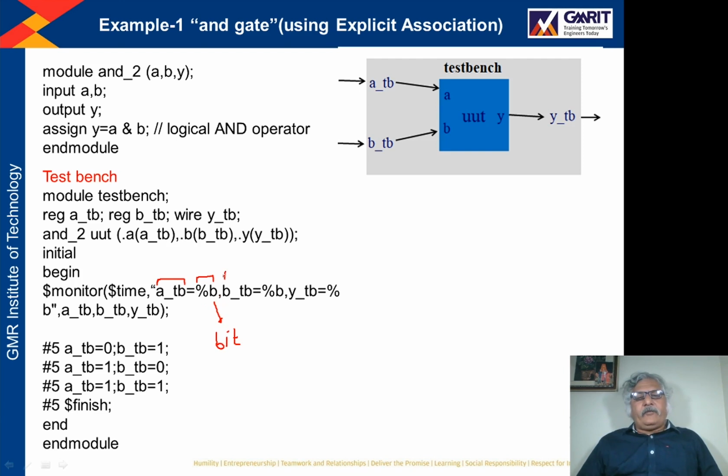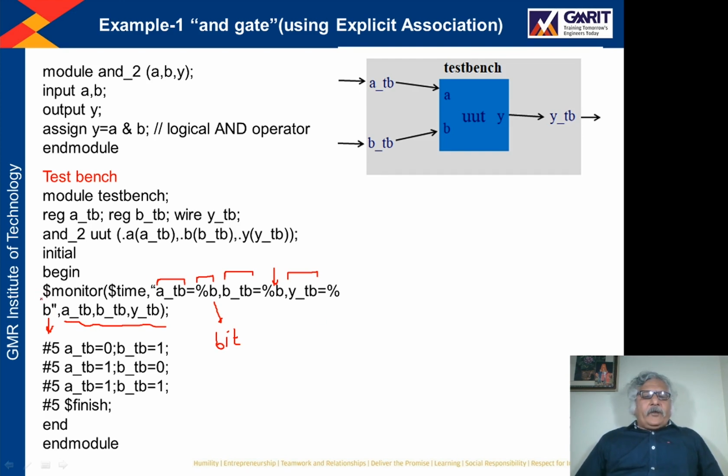Now for the next variable, b underscore tv is equal to %b, which is also b, so again we can assign a bit type value. And y underscore tv is equal to %b. So here we have to mention what type of value will be assigned to these variables. These we include in double quotes, and after the double quote we mention those variables.